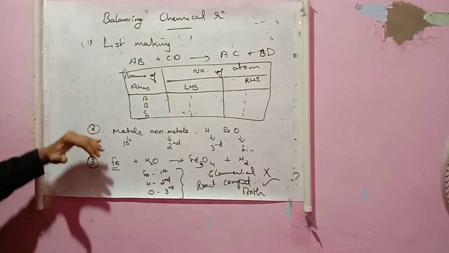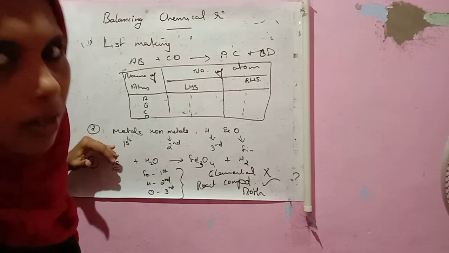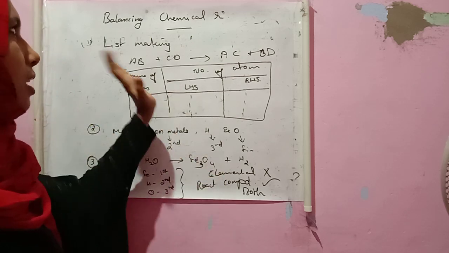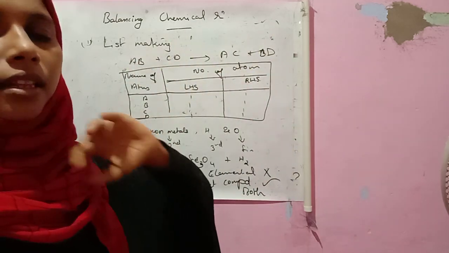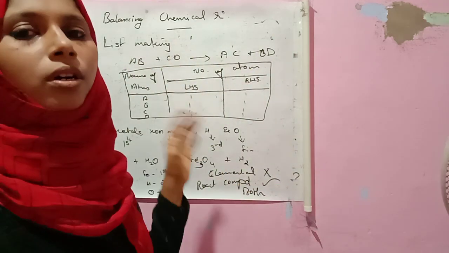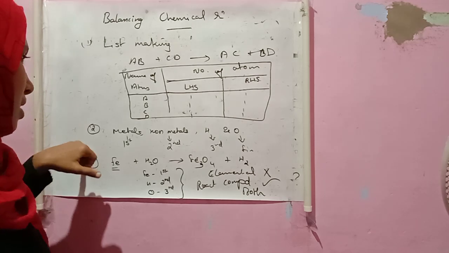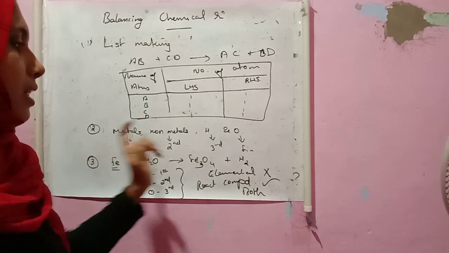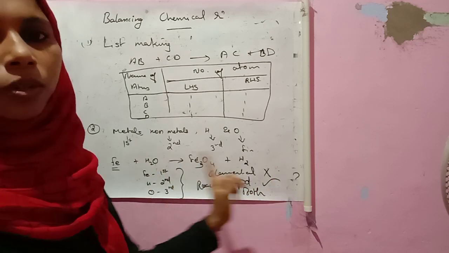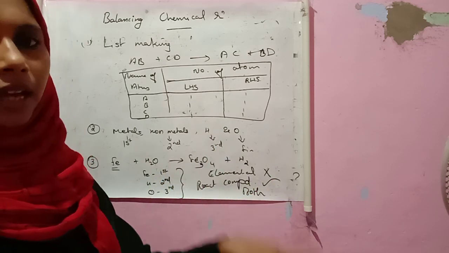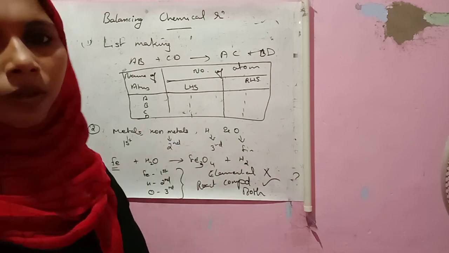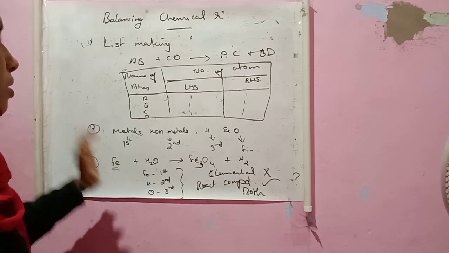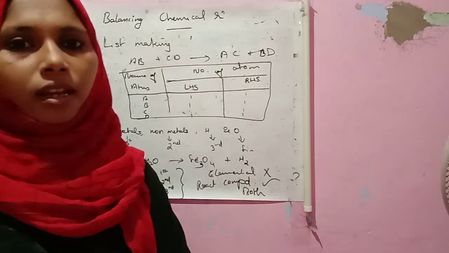Third, we make a little change in the second rule: if there is any elemental species present in our chemical reaction, we skip the order given in the second rule and start balancing from the participant which is in compound form on both sides. I think you are clear about the three rules used to balance a chemical reaction.